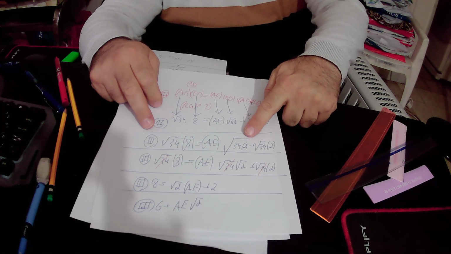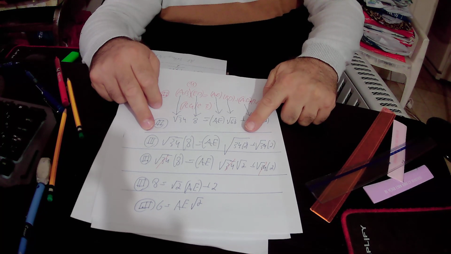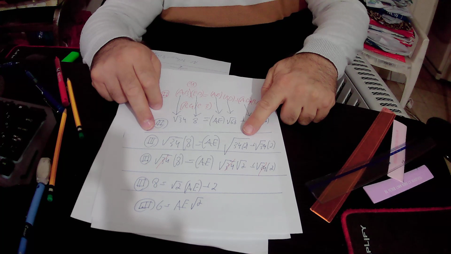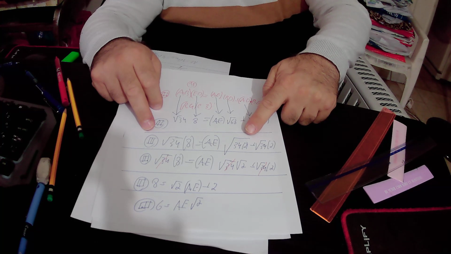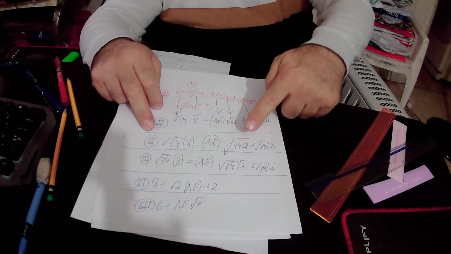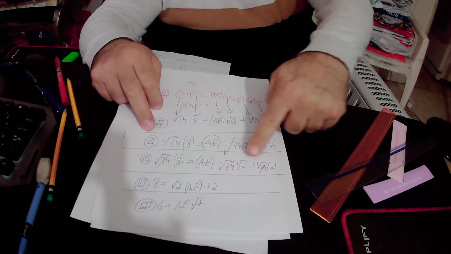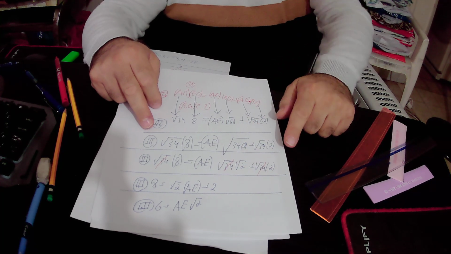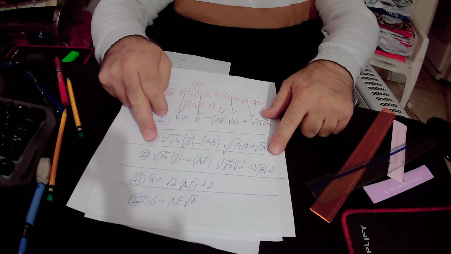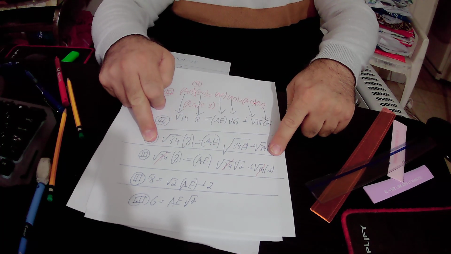We have the rule that the square root of a times b equals the square root of a times the square root of b. Therefore, the square root of 34 times 2 equals the square root of 34 times the square root of 2. So we got this equality, and we divided equation number 3 by square root of 34.